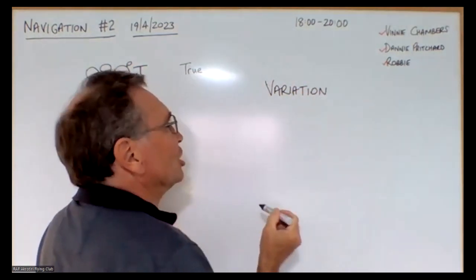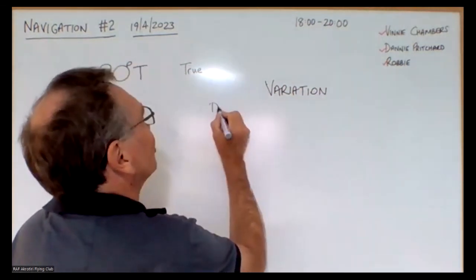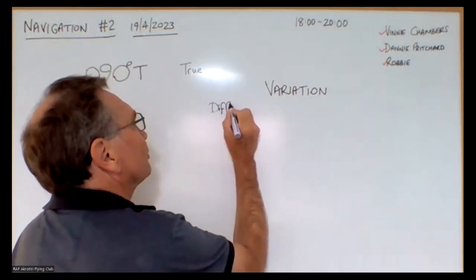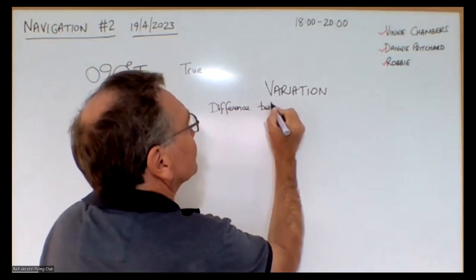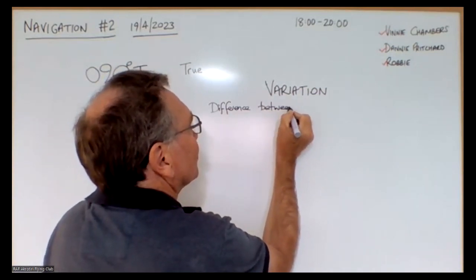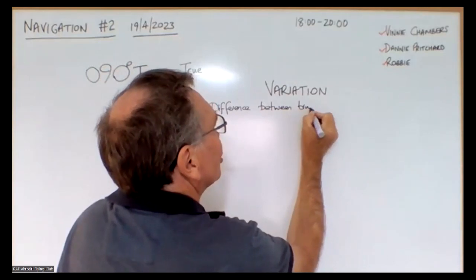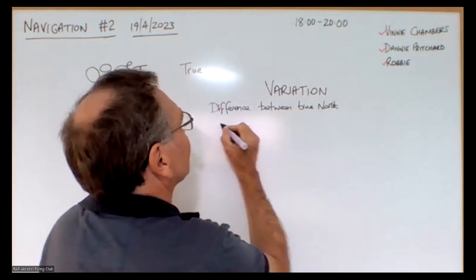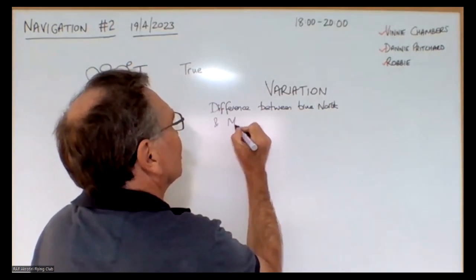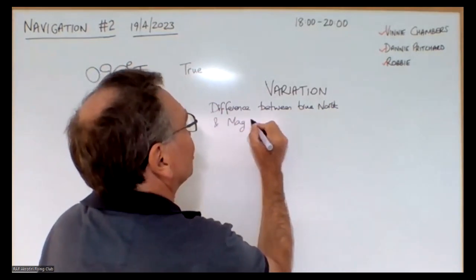So variation is the difference between true north and magnetic north.